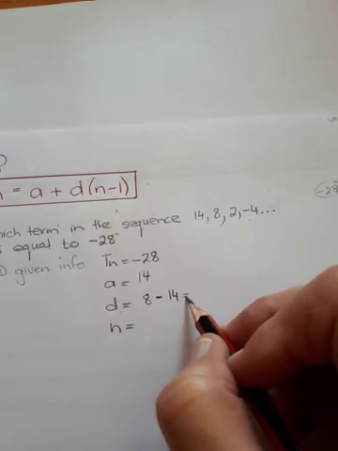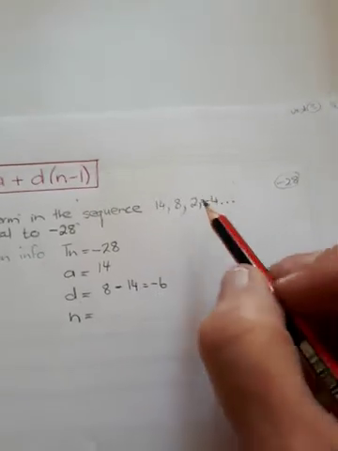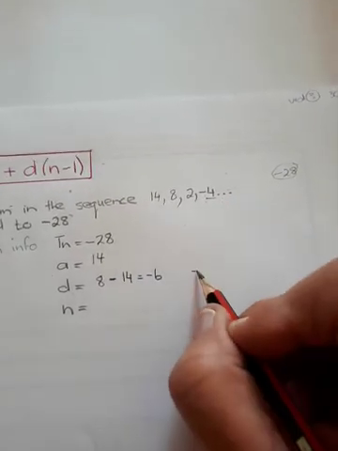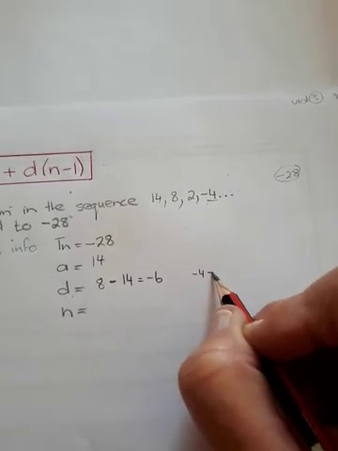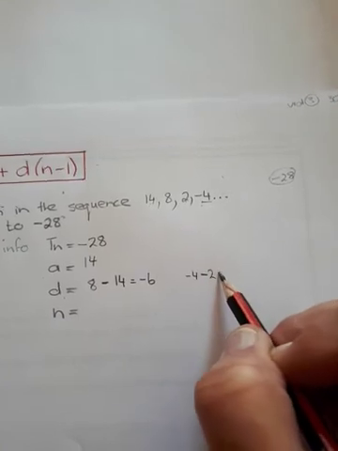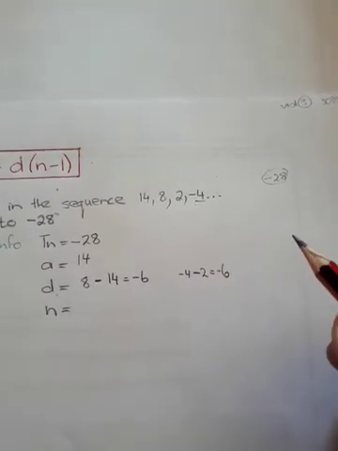And if you calculate that, it will give you negative 6. You could also have taken the fourth term, negative 4, and subtracted the previous term, which is 2, and that will also give you negative 6.